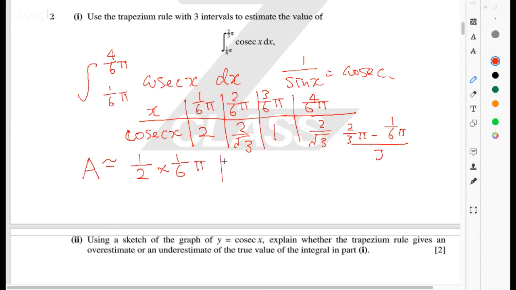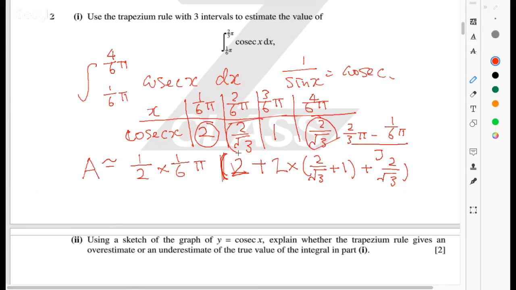And this is meant to be a bracket. The endpoints should only be counted once, but all the points in between should be counted twice. So 2 times 2/√3 plus 1, and then we come to the other endpoint, counted once. Then just plug that into your calculator. The thing to notice is that the 2 endpoints should only be added once, but the things in between should always be added twice.